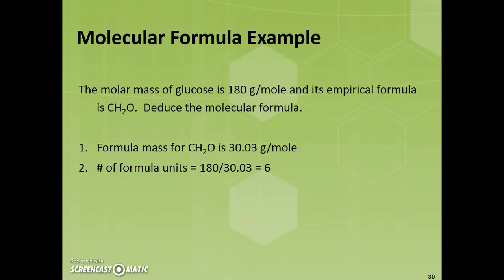We can see 180 over 30 is about 6. And then all we have to do is just multiply the coefficients for all of the elements by that whole number. So CH2O becomes C6H12O6. Don't forget to multiply through all of them.